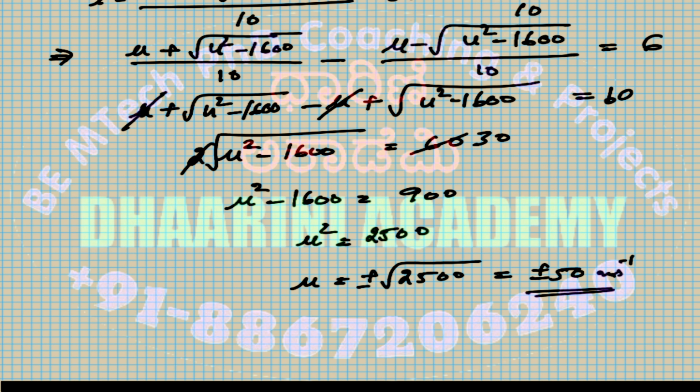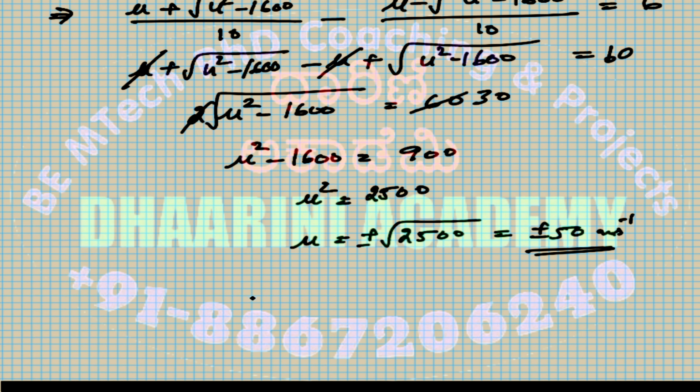I have to ignore the minus sign here because I am throwing upwards, and upward is positive according to our convention. So the final answer: u is equal to 50 meters per second. If you throw with this, the conditions will be met.